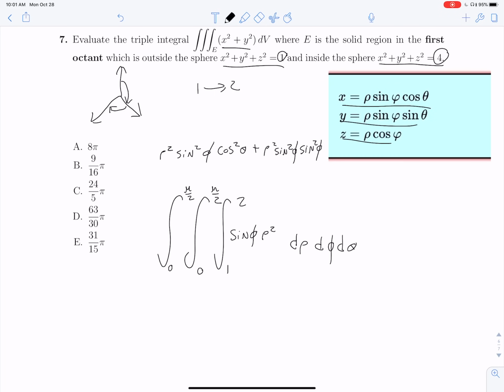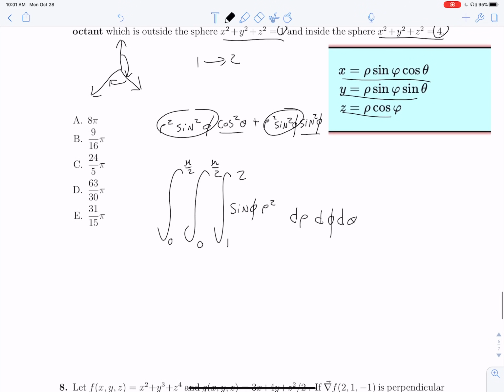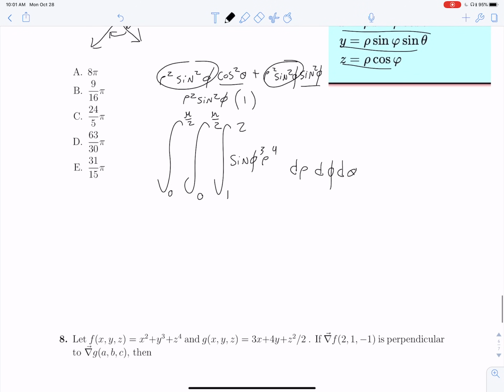What we can do here is factor these two identical parts out, and we'll get rho squared sine squared phi times cosine squared theta plus sine squared theta, so 1. And we know that we have to multiply this by what we already have in our integrand, and so we're really going to get sine cubed phi rho to the 4.